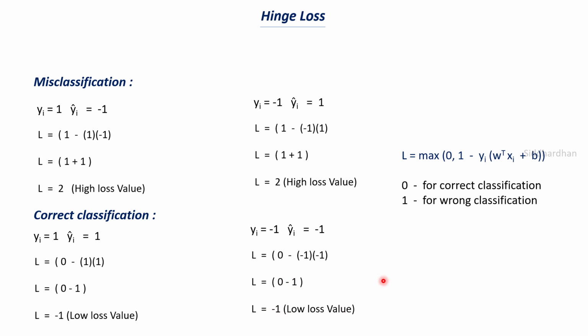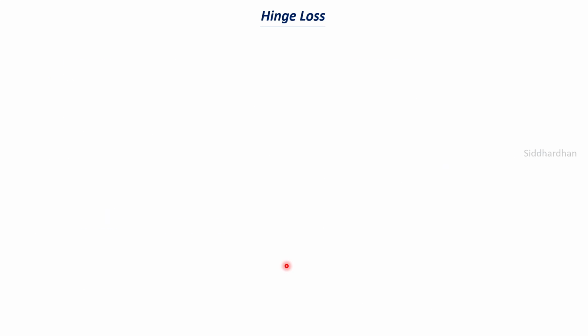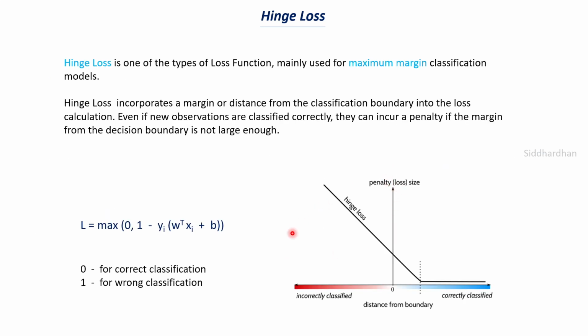So the idea behind this is, when your model is making a misclassification, you will have a larger loss value, and when your model is making a correct classification, you will have a low loss value. This holds true for the margin distance as well. You can also try different values. As I've told you, even if it makes a correct classification, it also takes into account the distance from the boundary.